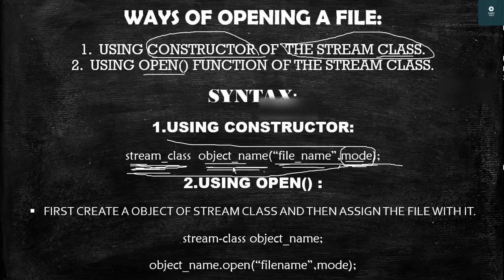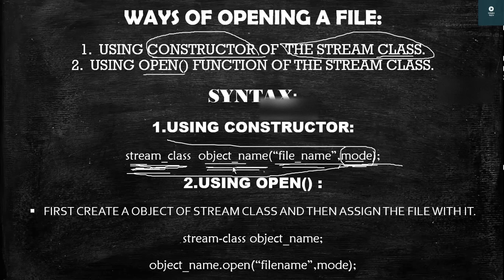Here we are opening the file. The first thing is we are opening the file in input mode. So we have used ifstream, then the file object name is filein, and then we have opened the file whose name is abc.txt. This is the name of the file, and then we have written the mode here. This is the syntax for input mode.